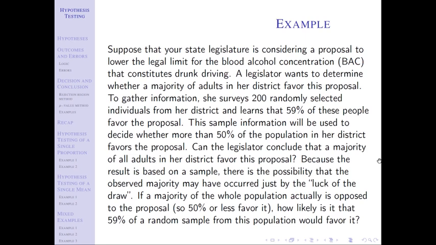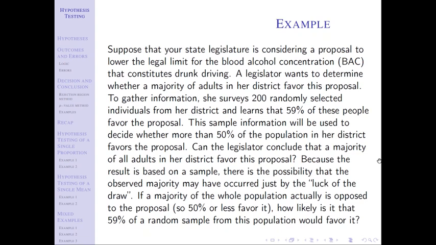We have to understand that when we get sample data, that is my best guess at what the truth is, but I want to dive deeper and not just say, yes, I think that 59% do favor this proposal, but ask, what if a majority don't actually approve?